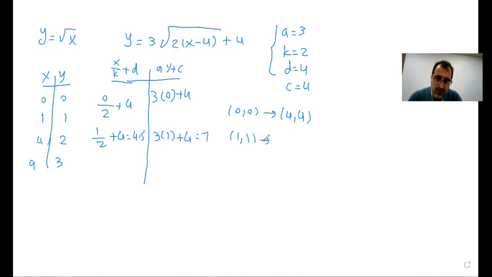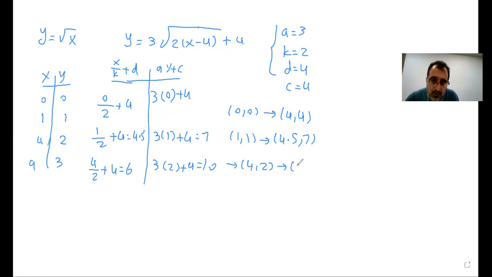1 and 1, the corresponding point would be 4.5 and 7. Then 4 over 2 plus 4 is 6, and 3 times 2 plus 4 is 10. Make sense? Here, 4 and 2 changes to 6 and 10.